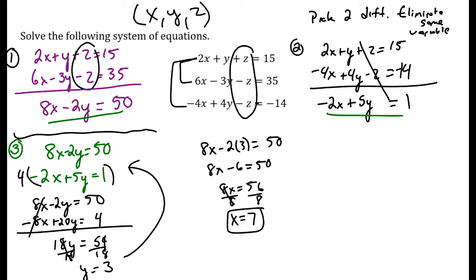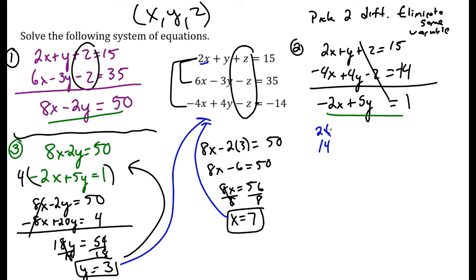Great, so you've got y and you've got x. I now need to get z. The way that we do that is we take both of these answers and plug them into one of our original 3 by 3 equations. Pick one, it doesn't matter. The first one looks the easiest. 2 times 7 is 14, plus y is 3, plus z equals 15.